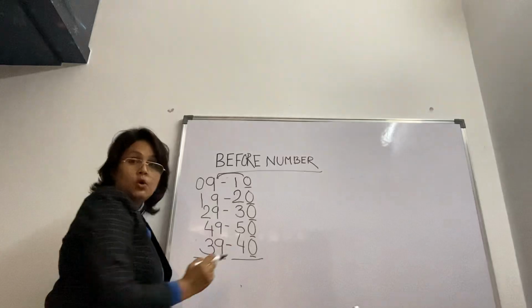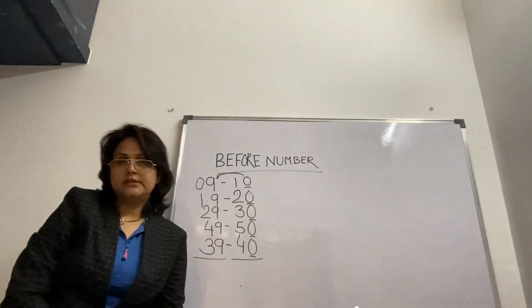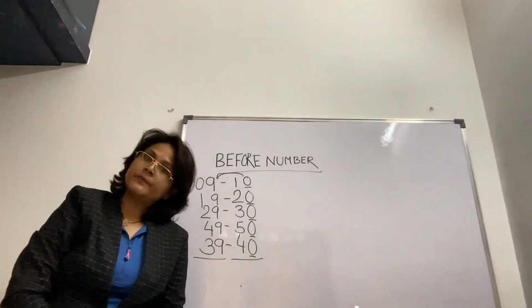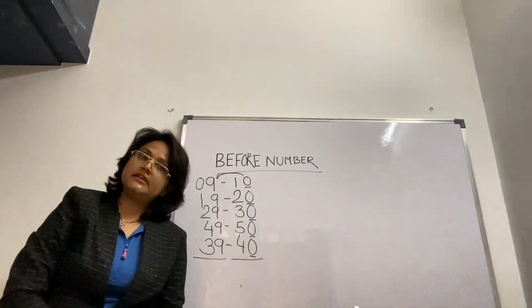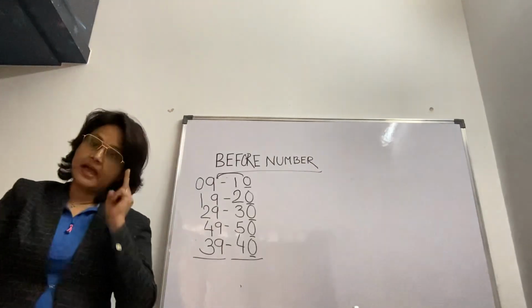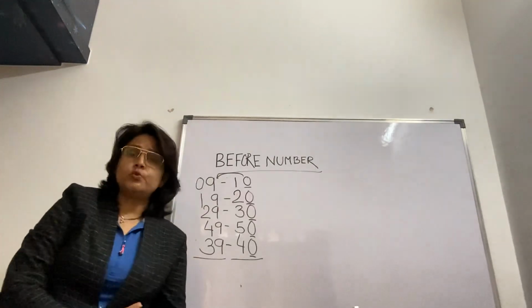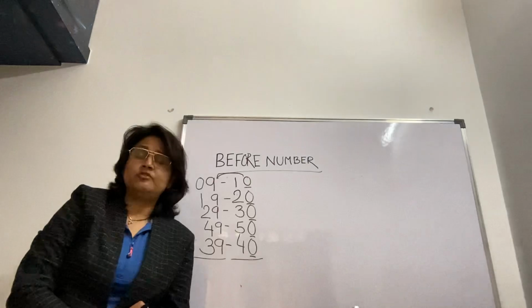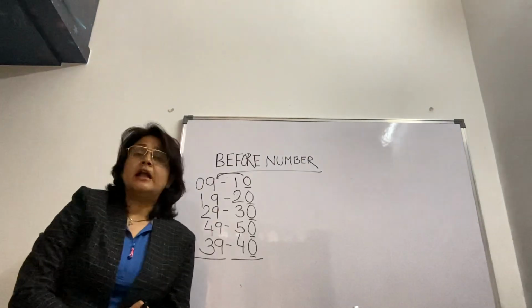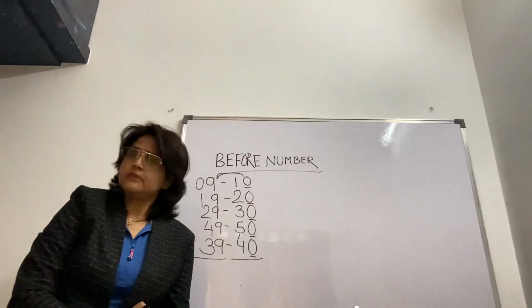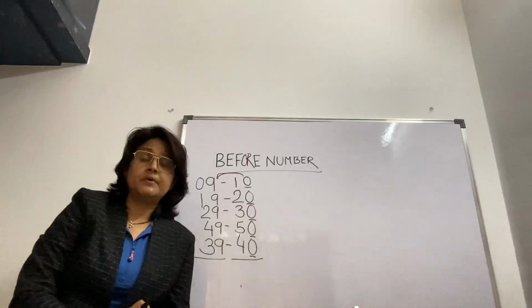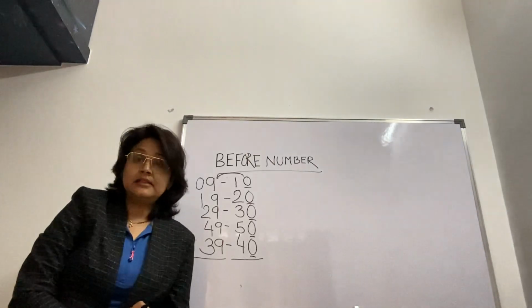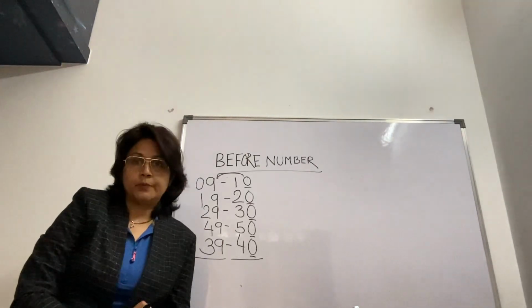So the number altogether becomes very easy for the students to understand. They'll understand with the simple technique that before number is the backward counting when it comes to any number, where we have to just see the number at the ones place. We don't have to bother about the number at the tens place until the number is ending with 0.